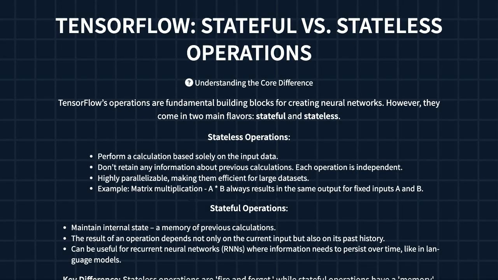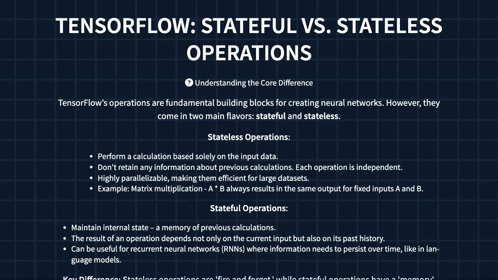Okay, let's talk about something really important in TensorFlow, how operations actually work. Basically, there are two main ways they can behave, stateful and stateless. Stateless operations are like a calculator. You give it numbers, it does the math, and then it forgets everything. They're super efficient for processing big amounts of data because they can be run all at once.